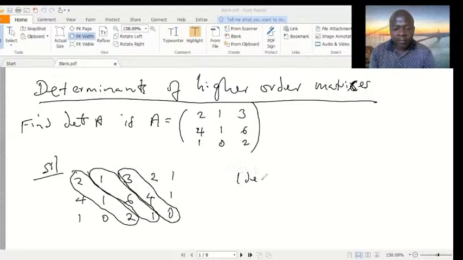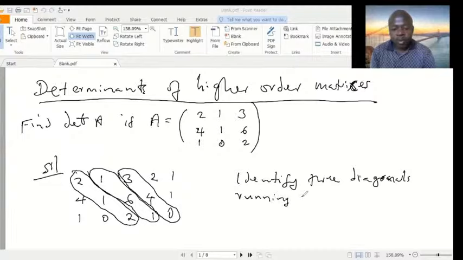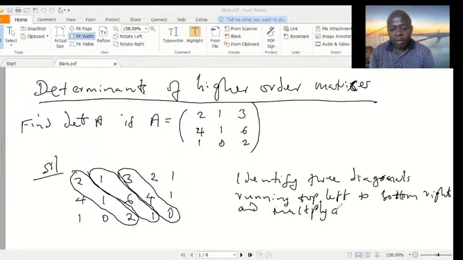So identify 3 diagonals running from, just a minute, let me just write properly. 3 diagonals running from top left to bottom right, and multiply along these diagonals as you add the results.